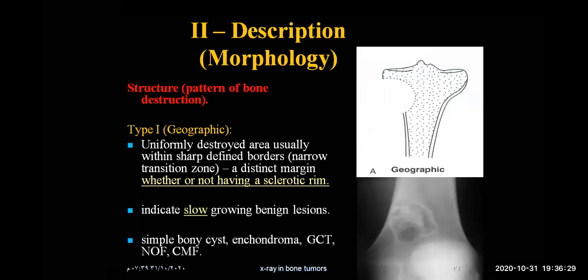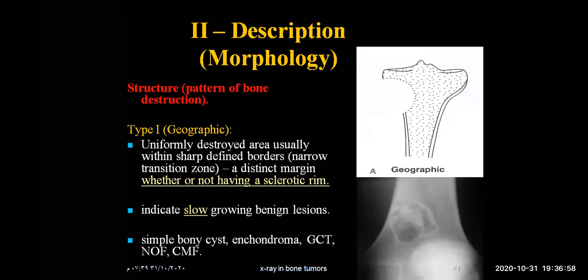Type 1, which is geographic, is a uniformly destroyed area, usually with a sharp defined border. The other name is narrow zone of transition. It is like drawn with a pencil, so I can define it. This is what is known as geographic.